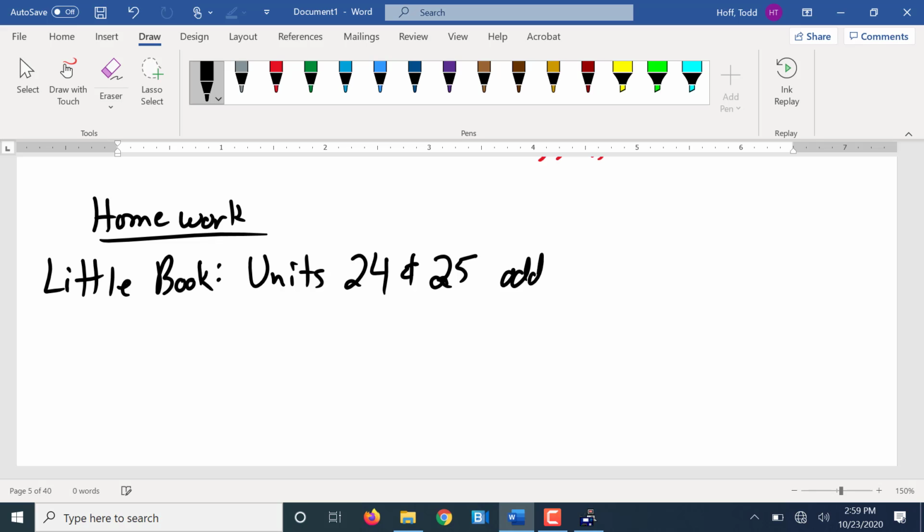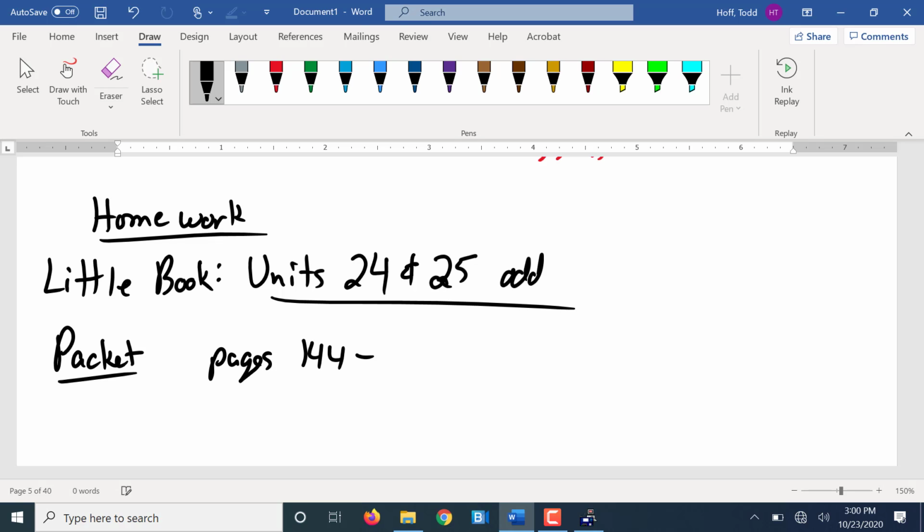The odd numbered problems there. And I'm going to give you a packet here in just a second. In this packet, the pages 144 through 147 and pages 156 through 157.